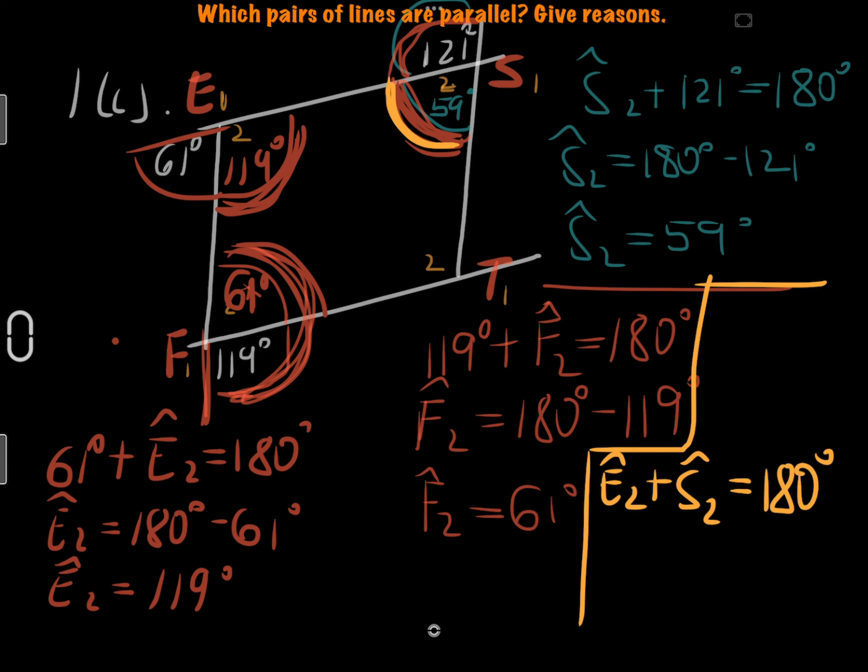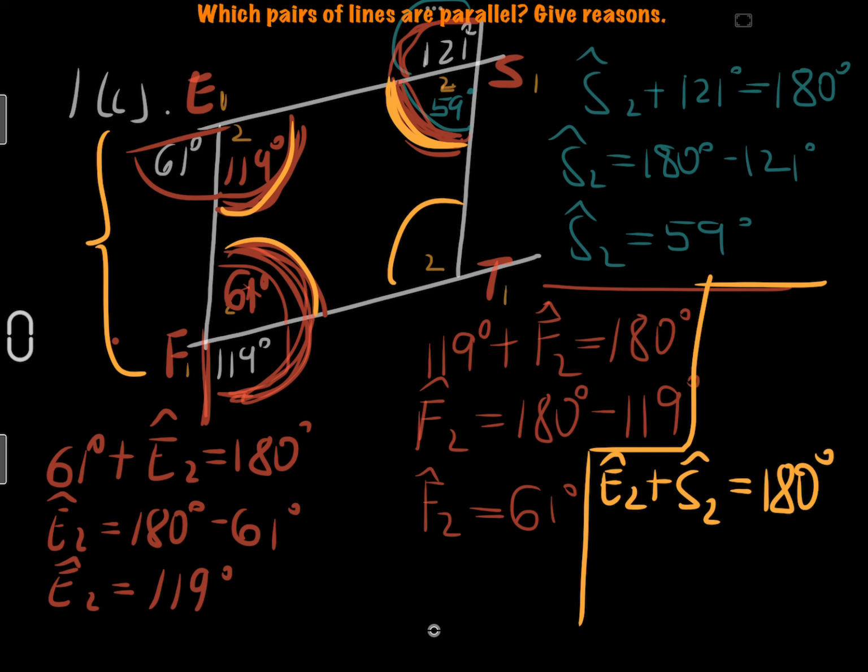Those are co-interior angles. If these two angles are supplementary and these angles are supplementary, it will mean that these lines are parallel. Line ES and line FT are parallel to one another.